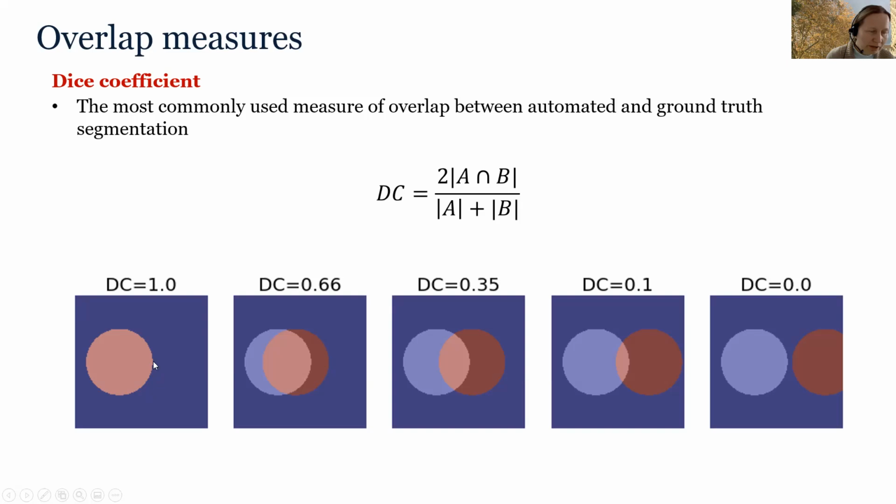Here we have identical segmentations, so the Dice coefficient will be 1. Then you can see examples where the overlap is getting smaller and smaller, and the Dice coefficient is decreasing as the overlap is decreasing. And finally, when there is no overlap, we will have a Dice coefficient of 0.